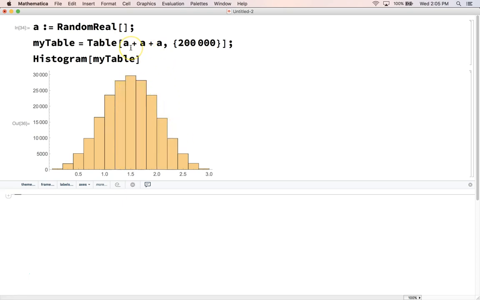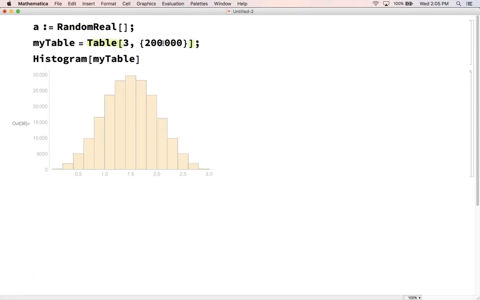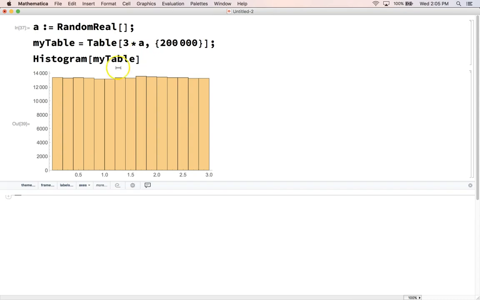So all we did here was we chose 3 random real numbers uniformly distributed from 0 to 1. We added those 3 numbers up, and then the distribution of those sums of 3 numbers followed this shape. Okay, whereas on the other hand, if I do 3 times A, then it goes back to looking totally uniform.